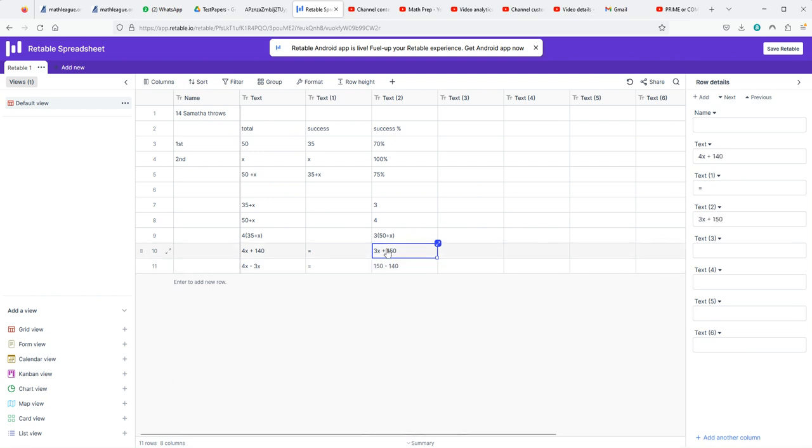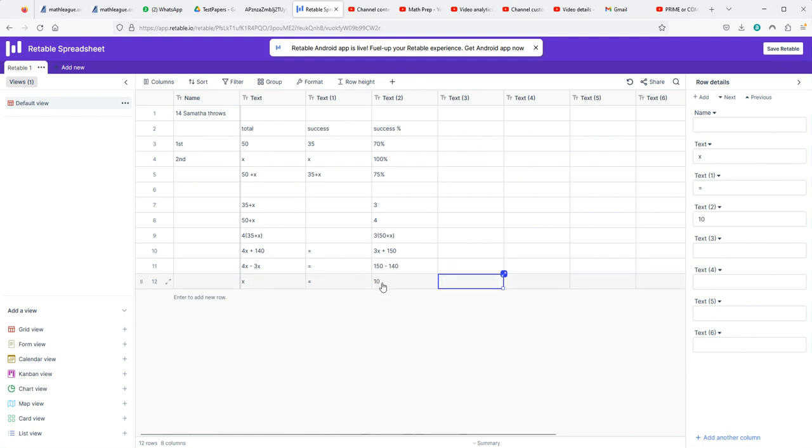Okay, so we move 3x from the right side of the equation to the left side, and we move 140 from the left side to the right side of the equation. That gives us x is equal to 10. X is equal to 10.